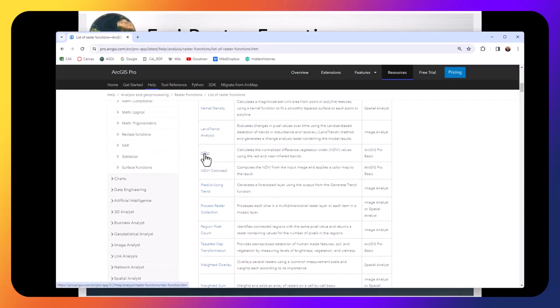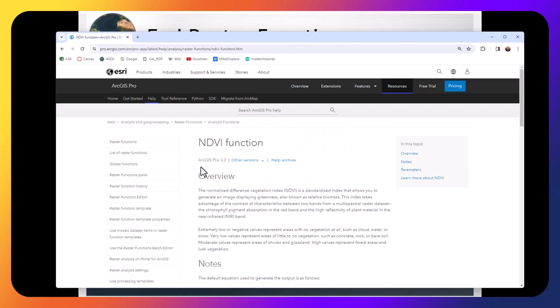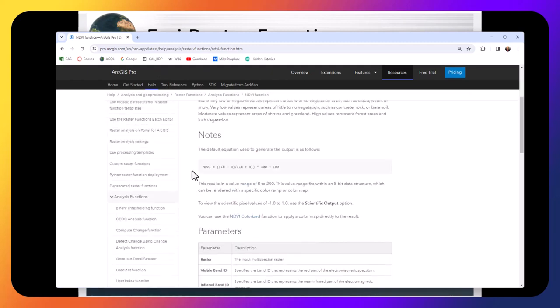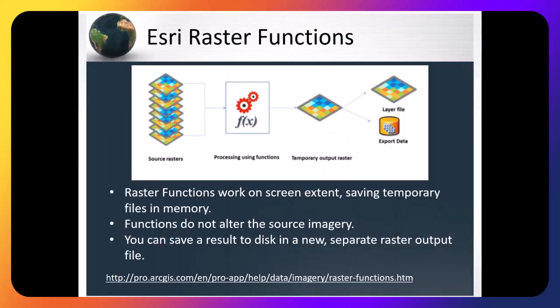For example, we can look at what we'll look at in a moment, the NDVI function, Normalized Difference Vegetation Index. We're going to talk more about that in a minute, but just realize that you can click through to this web page and get help on all of these functions and how they work, and that's important and valuable reading for those who want to do more with remote sensing.